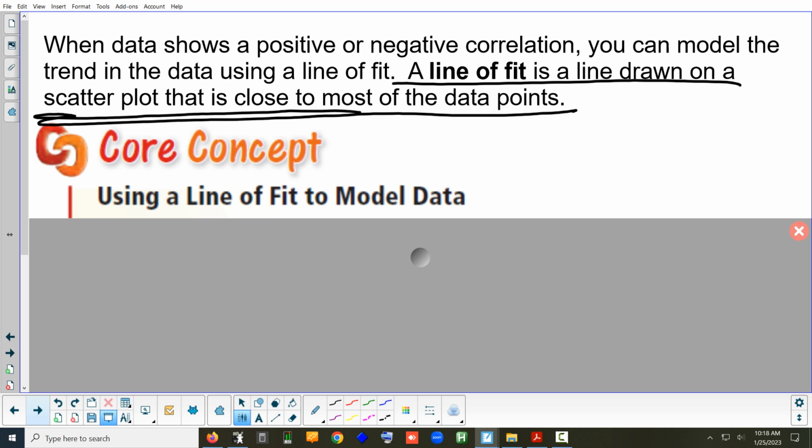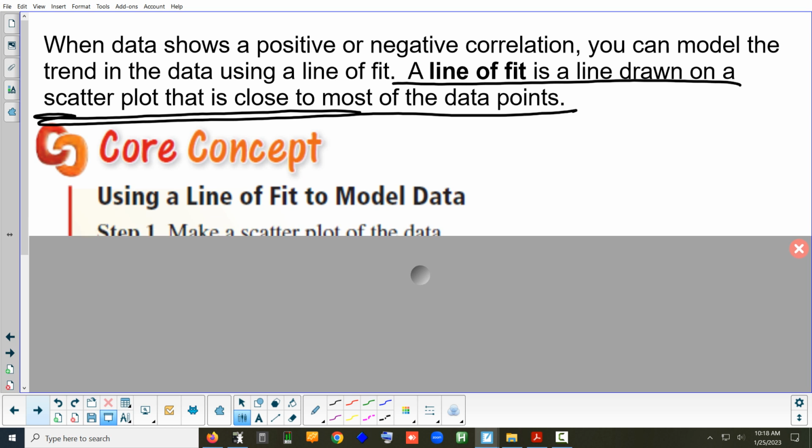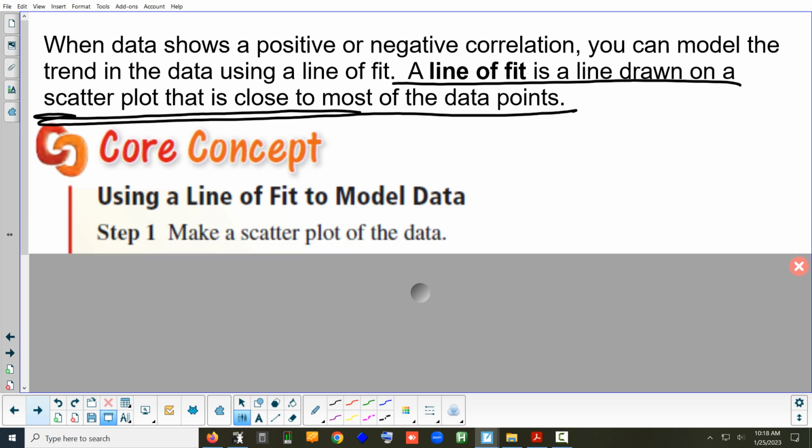Okay. So under step 1, the first thing you have to do if you want to do a line of fit is you need a scatter plot. There's no way that you can draw a line if you don't have a picture of the points. You need a picture.